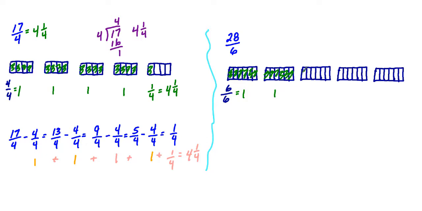Another whole. 13, 14, 15, 16, 17, 18. Another whole. 19, 20, 21, 22, 23, 24. Another whole. 25, 26, 27, 28. So the last one had 4 parts out of 6. So if I add these together, 1, 2, 3, 4, and 4/6.